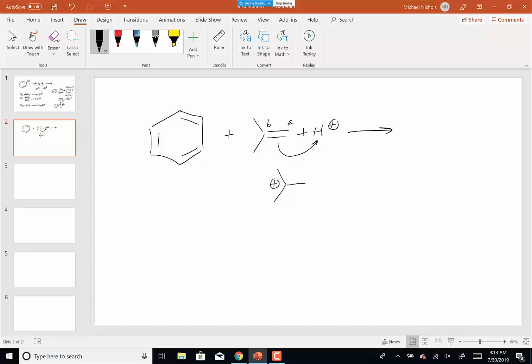Then the tertiary butyl carbocation is going to end up adding to the ring so that I will end up with a tert-butyl group now attached to the benzene ring. So any method you can use to generate a carbocation is going to allow that carbocation to then react with the benzene ring.